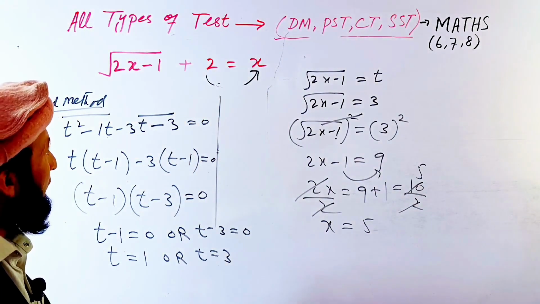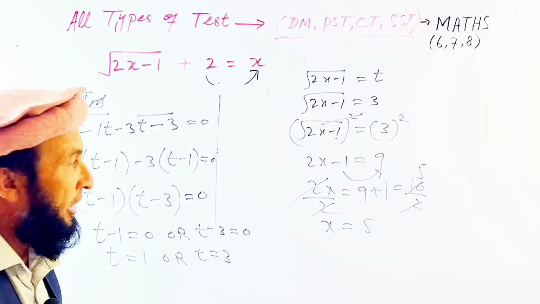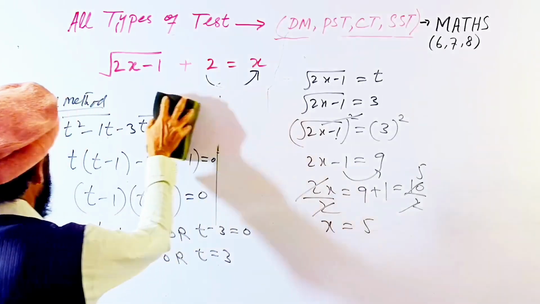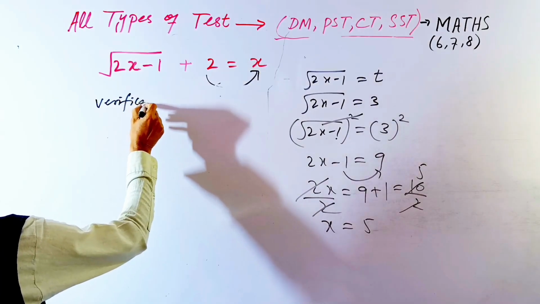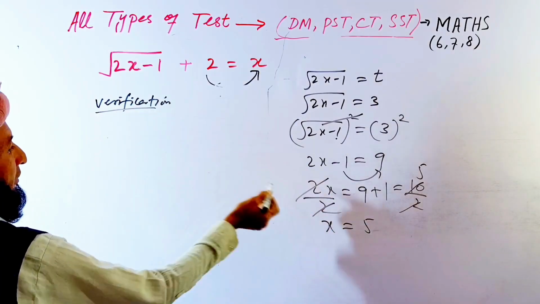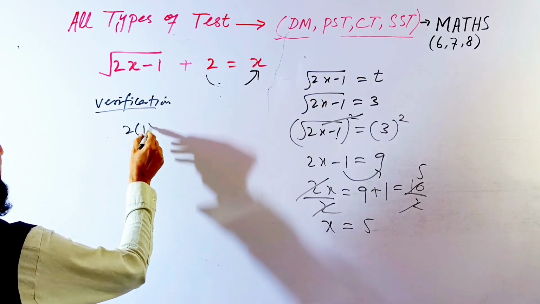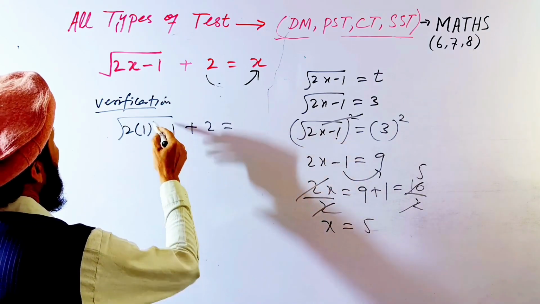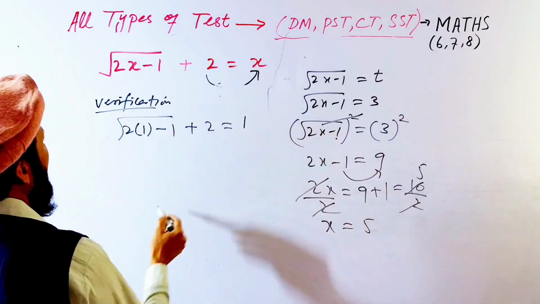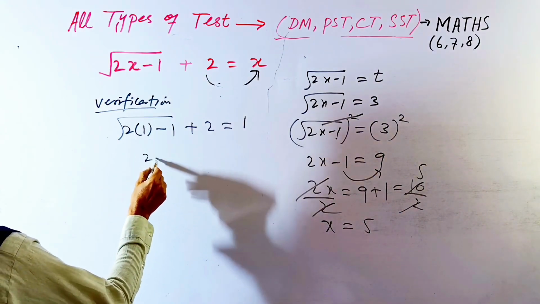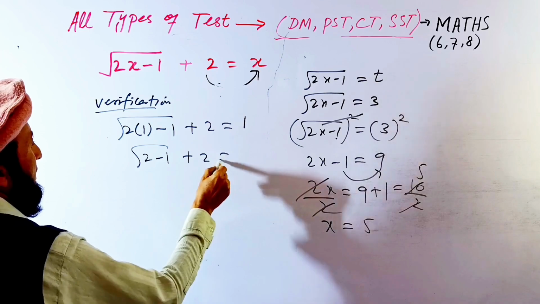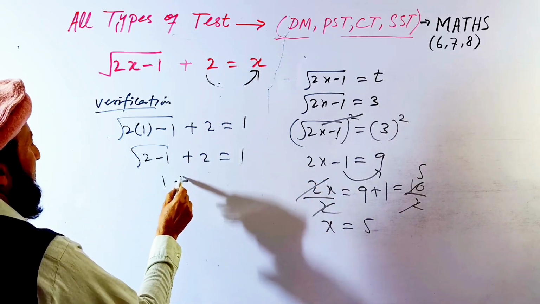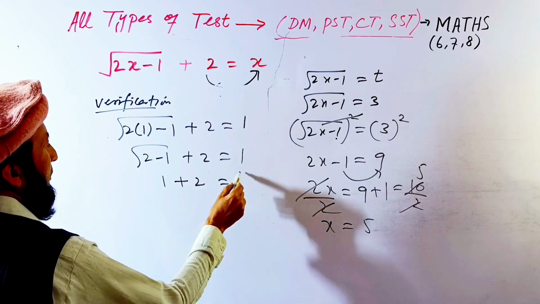Now we want to verify the result again. We have already checked the verification. First, when x is equal to 1, in the place of x we put 1, plus 2 is equal to 1. Look here, the result is not the same. So 1 plus 2 is equal to 1?